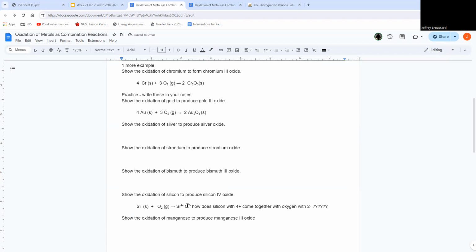So you could use the crisscross method. 4 goes down here at the bottom right. 2 goes over here at the bottom left. You could do that. Let's do it. So 2 down here, 4 down here at the bottom left.